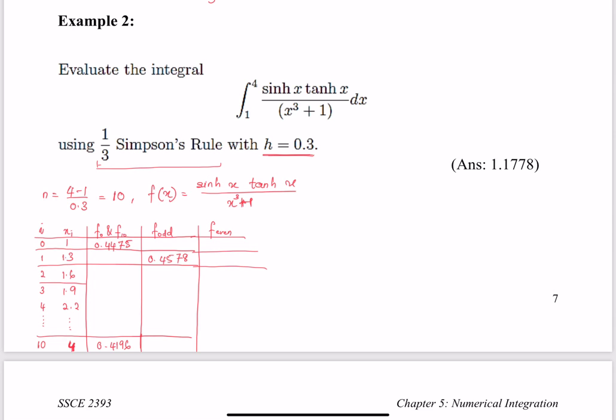For even, x is equal to 1.6, meaning that we need to calculate sin 1.6 tanh 1.6 divided by 1.6 cubed plus 1, and what we'll get is 0.4296. And last is the summation.